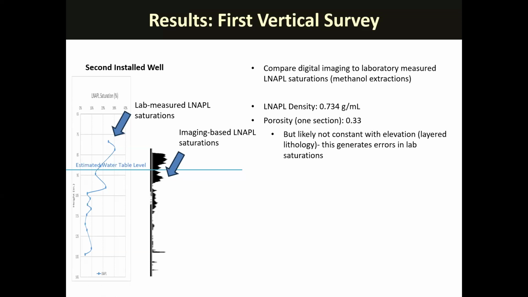So yes, the results from our imaging tool match those of the core analysis. Now, I took some assumptions here, the NAPL density and an assumed constant porosity, which might not be very realistic, but we didn't have a large budget for this project, so it's semi-quantitative, but it follows in general the shape of these imaging-based NAPL saturations.